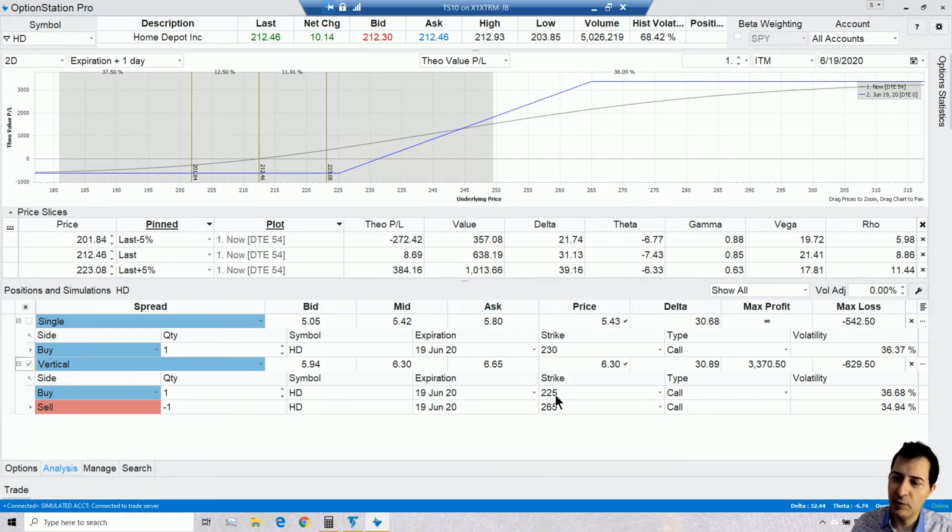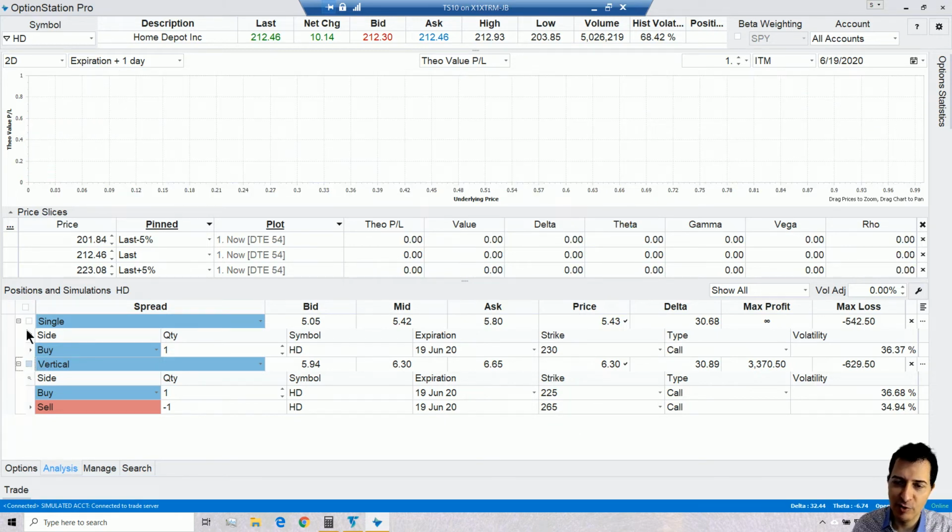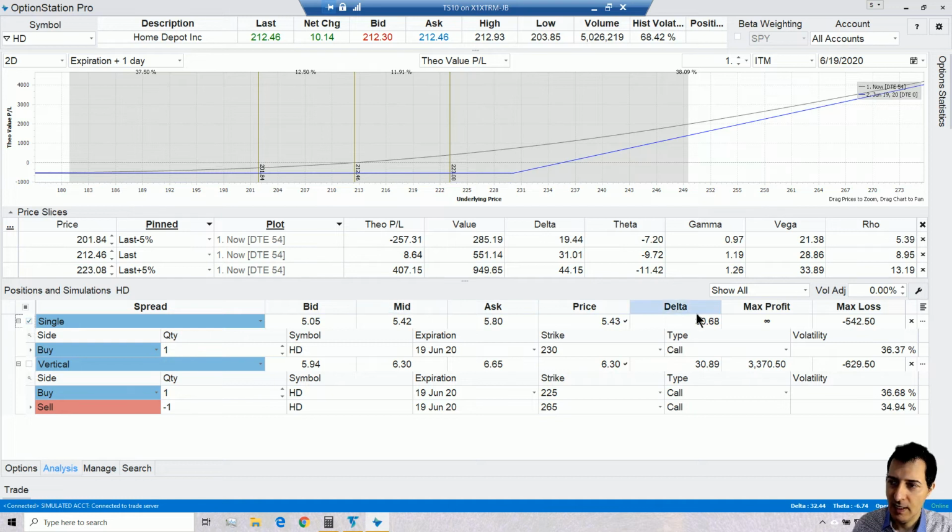If I do 225 to 265, if I do this spread, I get 31 delta at the current price. If instead of doing the vertical spread I uncheck and now check the single, I also get 31 delta by doing the 230 call. So those trades are just following the same thing I did before, equivalent.